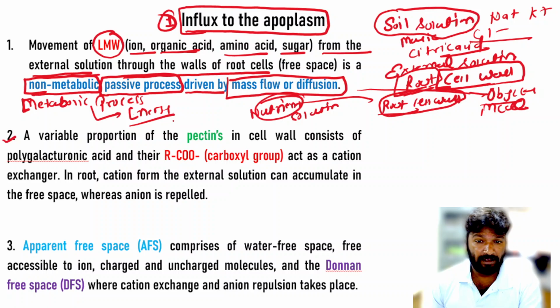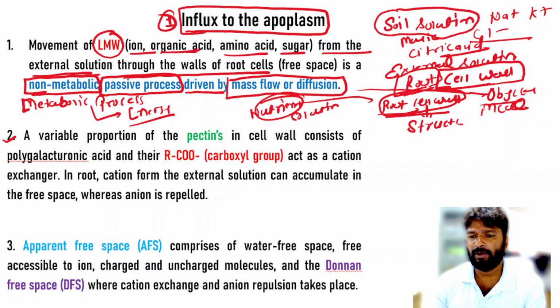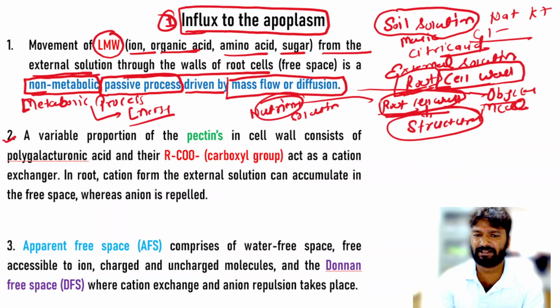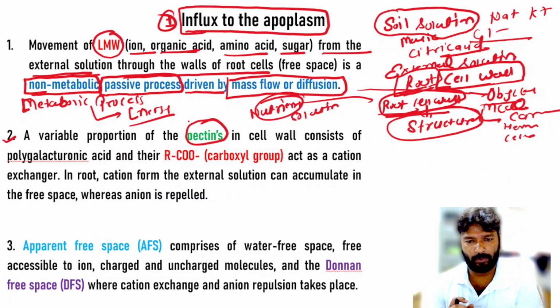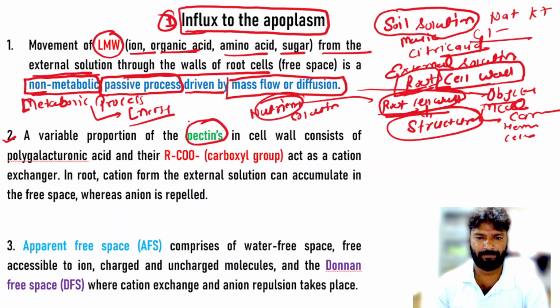Now the ions have reached the root cell. You know the structure of the cell wall. We already discussed in the cell biology lectures that the cell wall is composed of carbohydrates, hemicellulose, cellulose, and pectins.